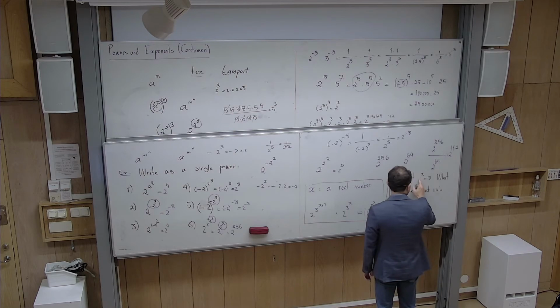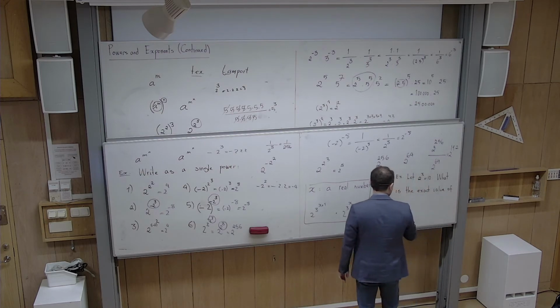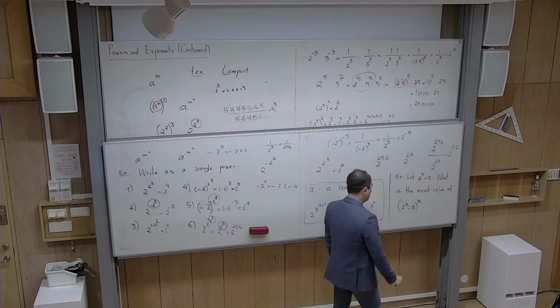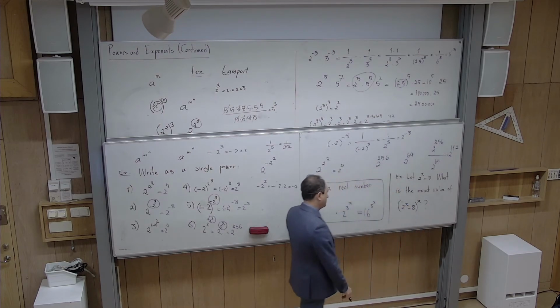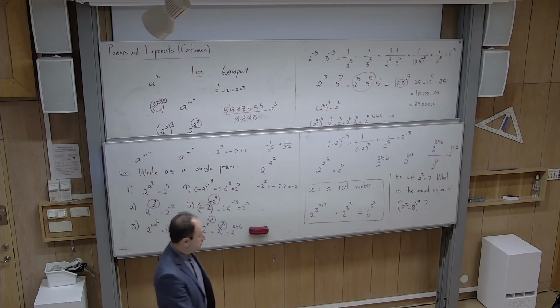So let me write it like this. The value of 2 to the power of x minus 8 to the power of x. To the power, sorry, to the power of 3x.